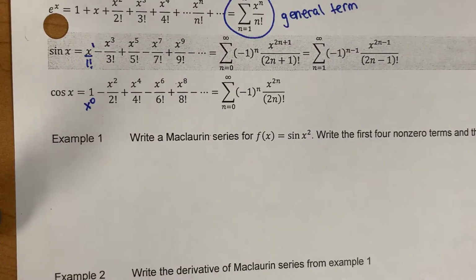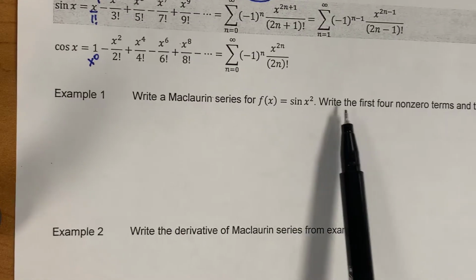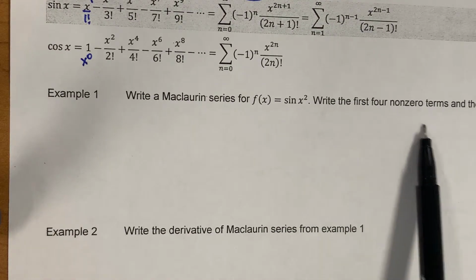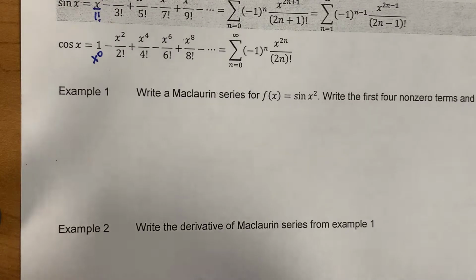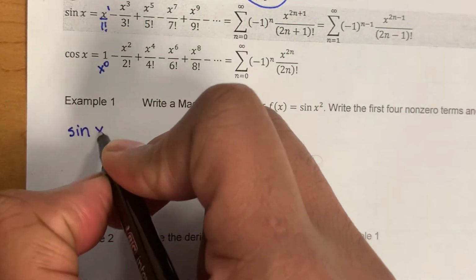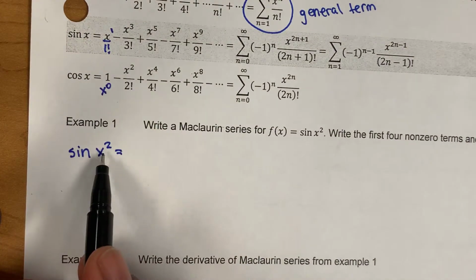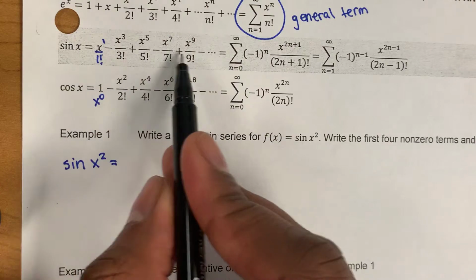So for example 1, we're writing a Maclaurin series for f of x equals sine x squared, and we have to write the first 4 non-zero terms and the general term. So we're going to take sine x and augment it by substituting in x squared for all of the x's in this expansion.